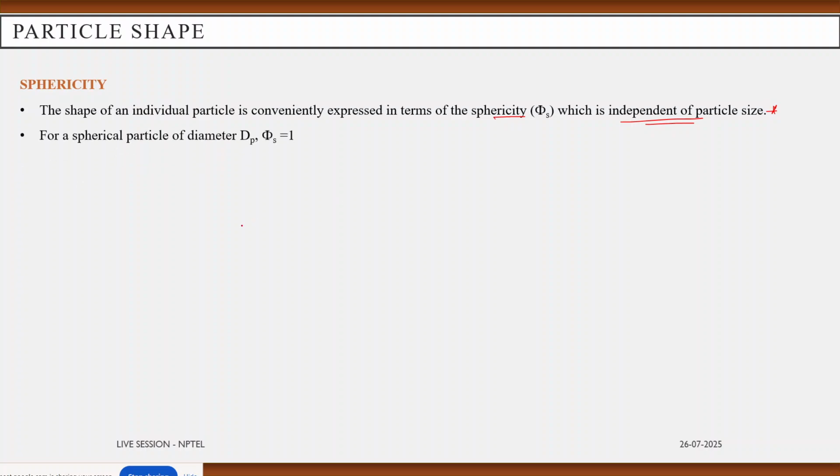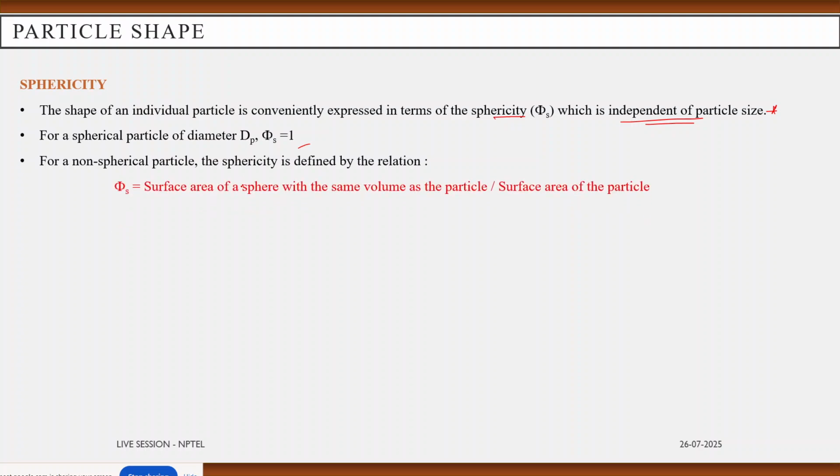For any spherical particle of diameter dp, the sphericity becomes 1. Why is it 1? Because the definition says that sphericity is equal to the surface area of a sphere with the same volume as the particle, divided by the surface area of the particle. So if the particle itself is a sphere, as a special case, then the sphericity becomes 1.